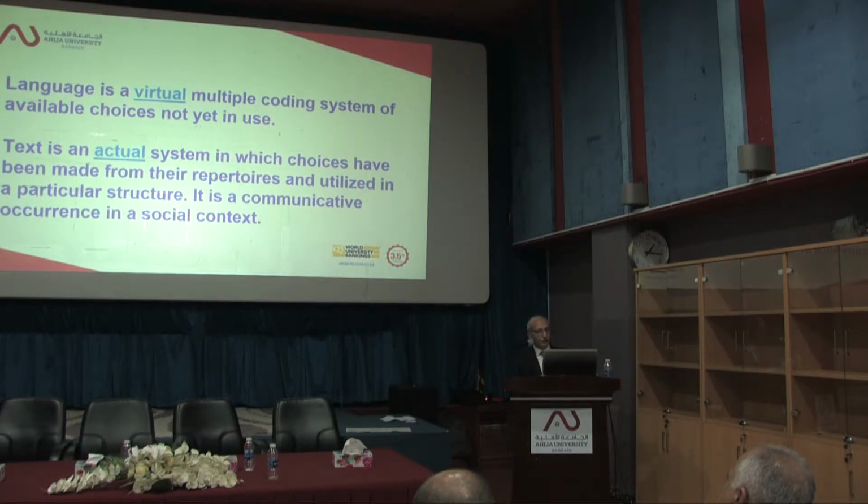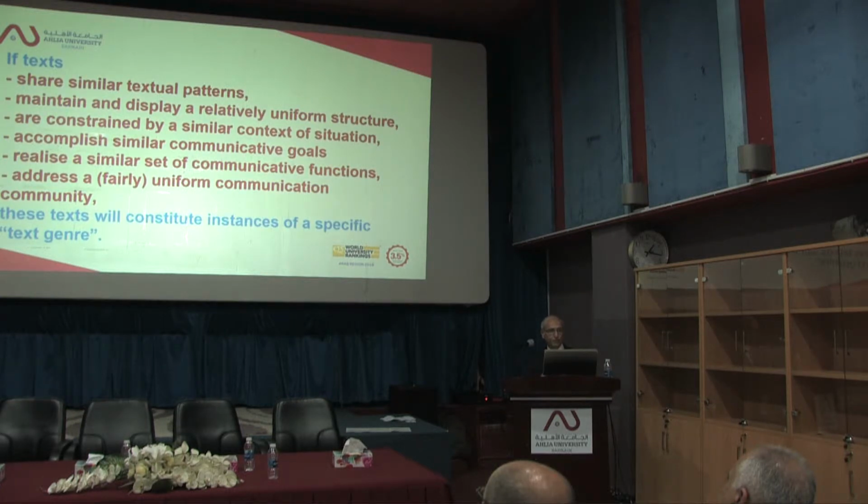According to this definition, a text is a specific configuration of the various lexicogrammatical choices made from the virtual system, organized in patterns that exhibit an underlying textual structure. The selection of the choices is determined by the constraints of the context of situation. Now we come to define the concept of genre.